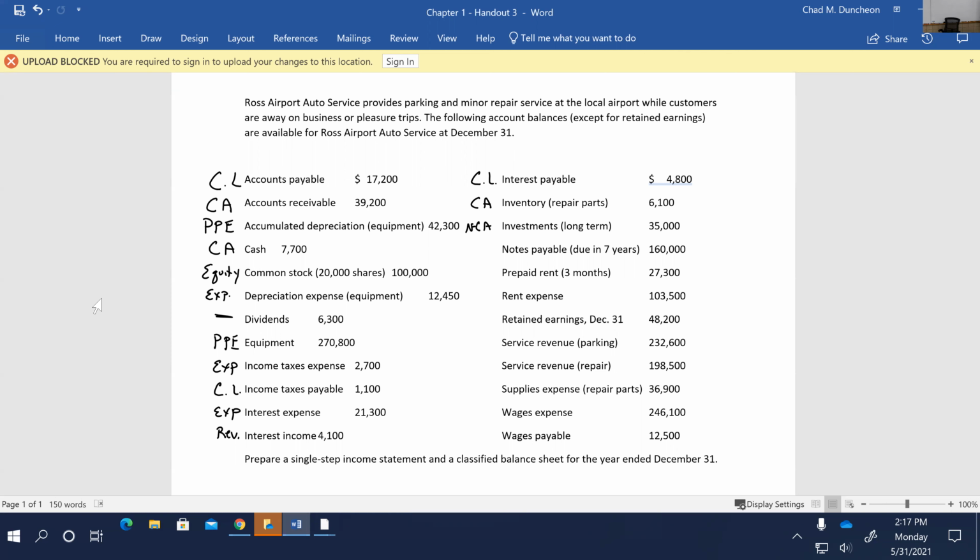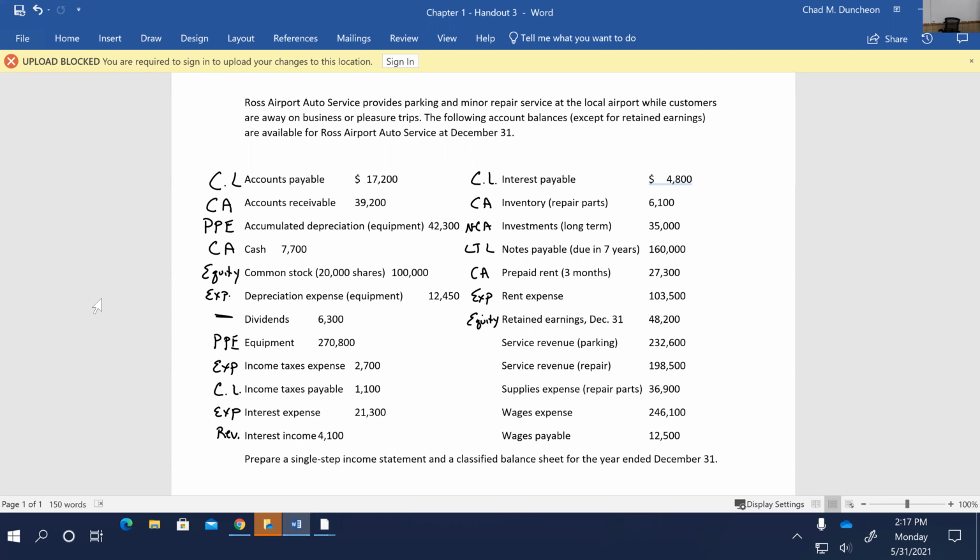Notes payable due in 7 years is a long-term liability. Prepaid rent for 3 months is a current asset. Rent expense is an expense. Retained earnings is part of equity.